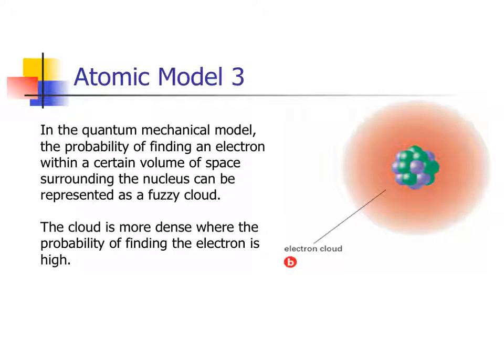Now, Schrödinger's model gives us a little more of an idea of where the electrons are. Based on Schrödinger's calculations, there is a high probability, meaning you're very likely to find an electron around or close to the nucleus. And that should make some sense.